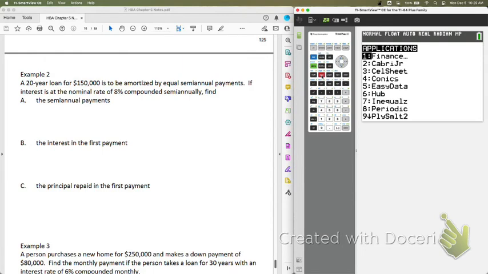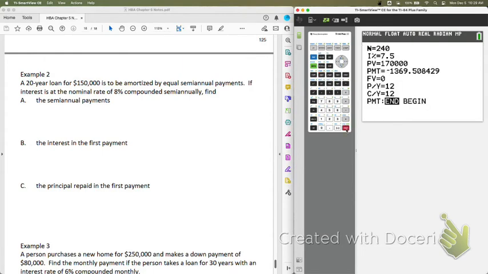Yep. So in my finance app here, my solver, we have taken out a loan for $150,000. Semi-annual payments tells me my PY and CY are 2. 8%, and it's 20 years.